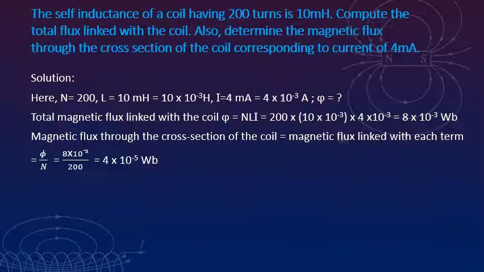Therefore, we get the magnetic flux through the cross section of the coil is equal to total magnetic flux linked with the coil divided by total number of turns, or phi by N. Therefore, the magnetic flux through the cross section of the coil is equal to phi is replaced by 8 into 10 power minus 3 by N is replaced by 200. On substituting, we get that is equal to 4 into 10 power minus 5 Weber.